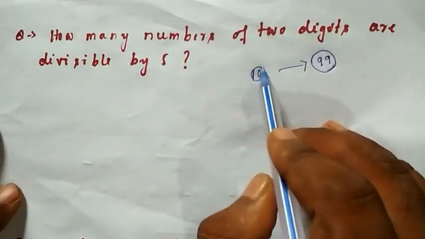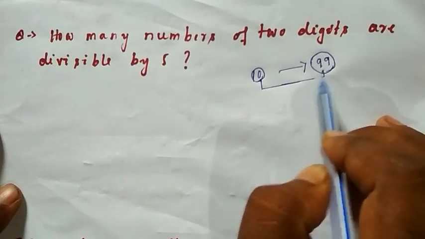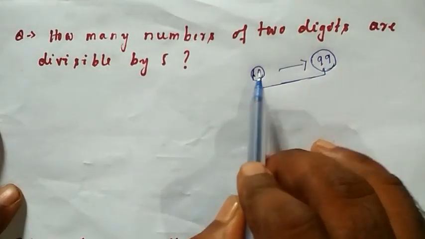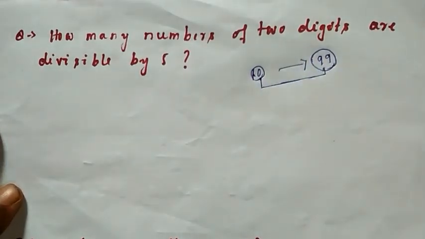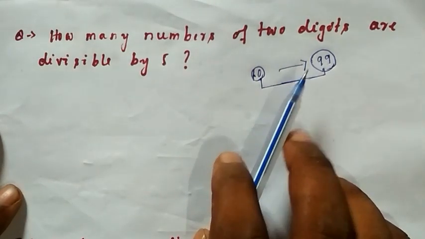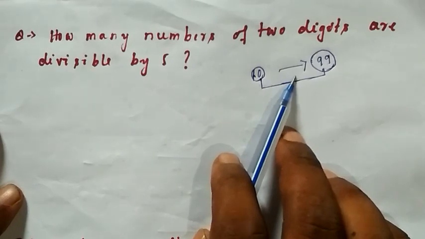Now we have to find, from 10 to 99, how many numbers are there that are divisible by 5. How? By using the arithmetic progression concept, we will solve questions like these.